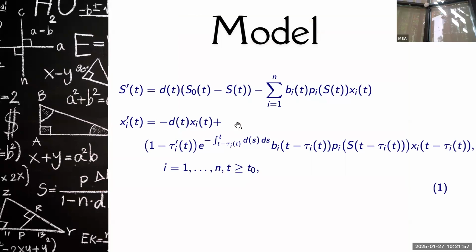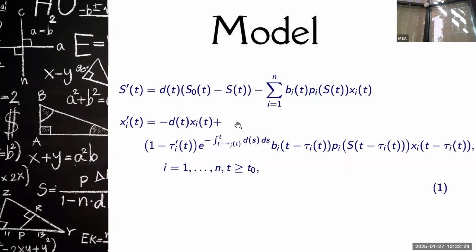This type of chemostat model was investigated by several authors. However, no one brings time-dependent delays. So here we brought the time-dependent delay, and also other things: here our D depends on time, and the others are constant.